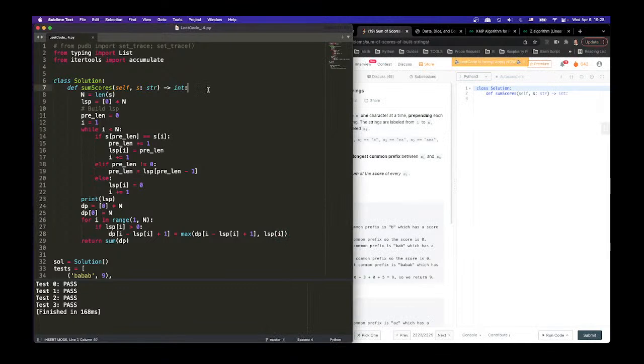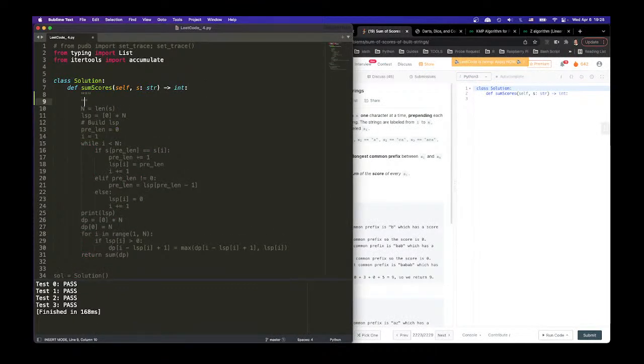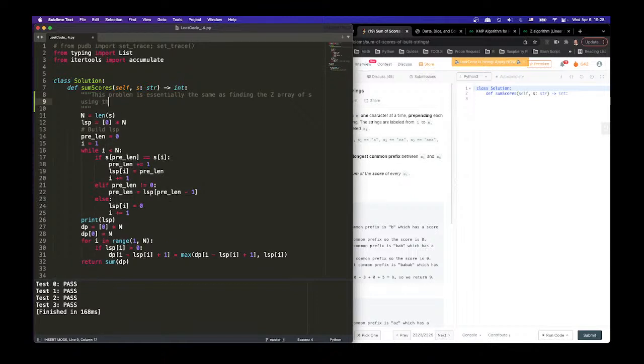All right, so this is using Z algorithm. This problem is essentially the same as finding the Z array of S using the Z algorithm.